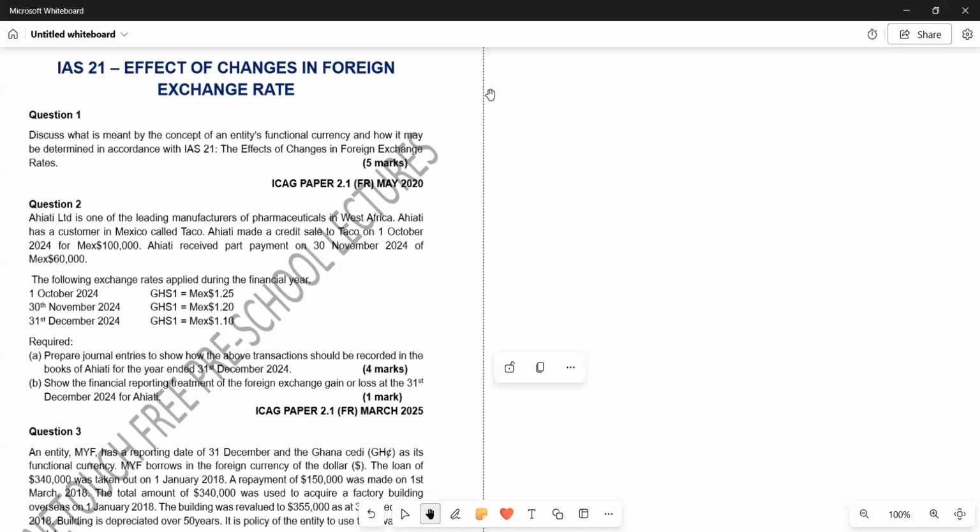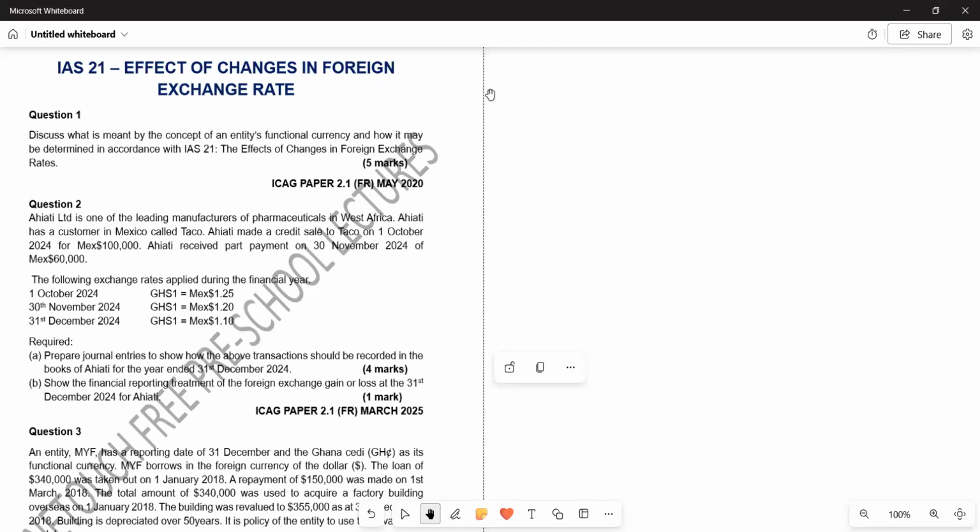Let's look at a question they brought last night, from the exam we are waiting for the results of, March 2025. There was a question on foreign exchange transactions, that is IAS 21. FR students, let's see. I didn't change anything in the question, including the name.